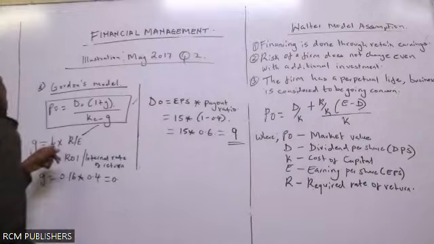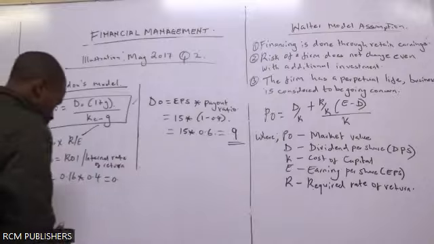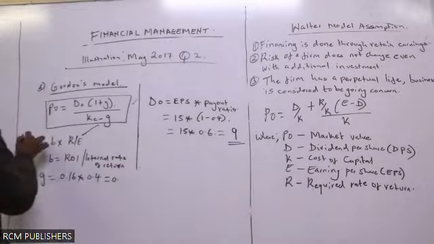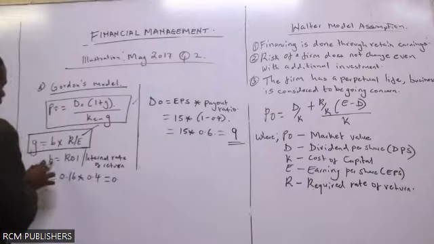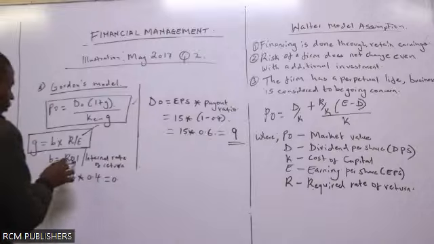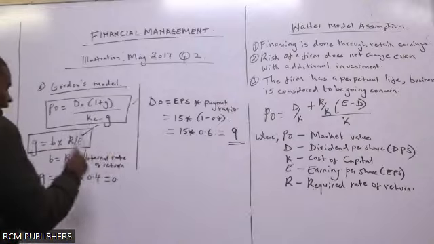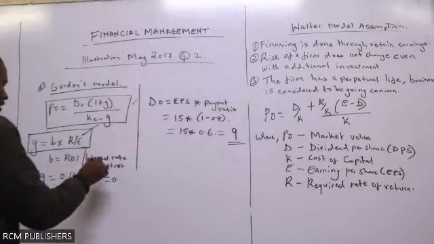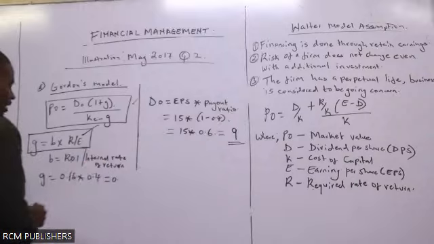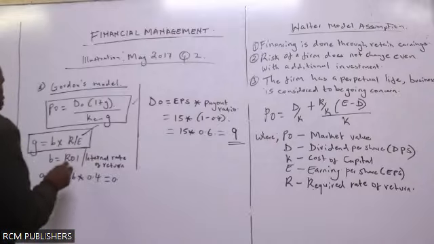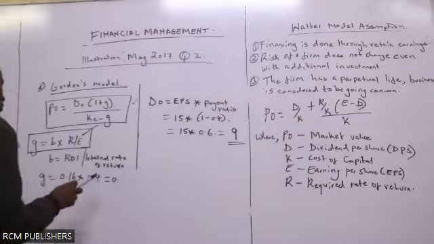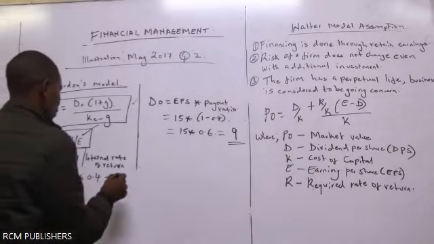The main formula is G equals b times r, where r is the return on investment, which is the same as the internal rate of return. You pick what you have, multiply, and you get 0.064.